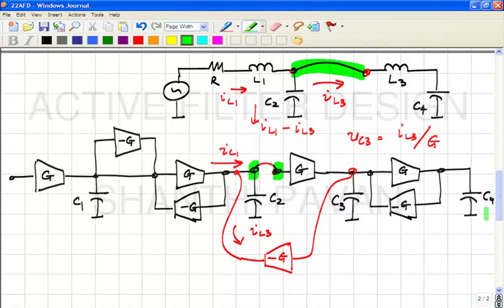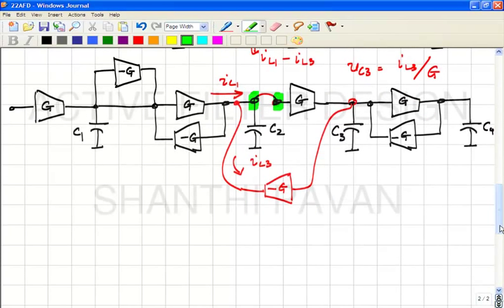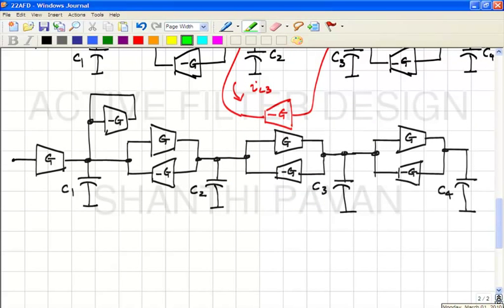Okay. So if I redraw the circuit, make it look nicer. Okay.